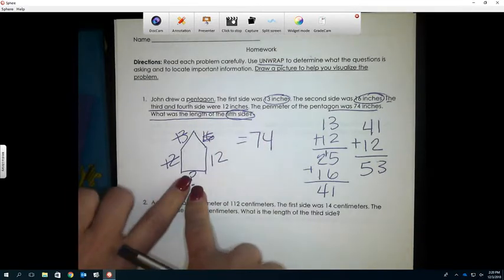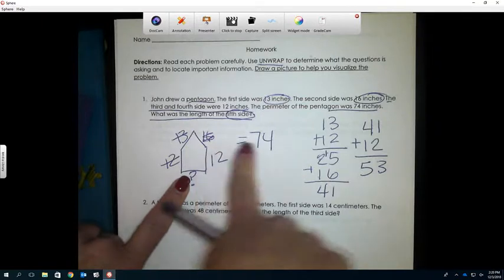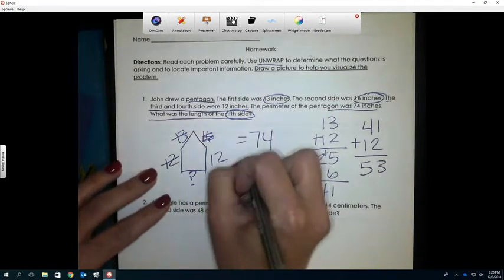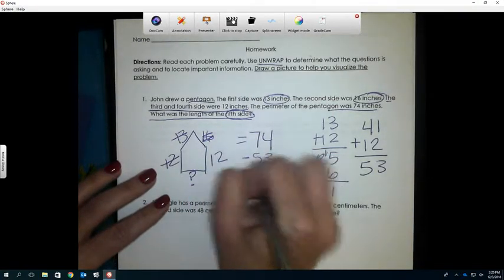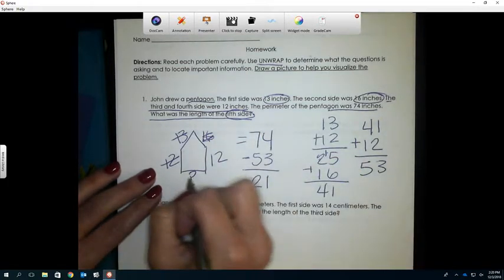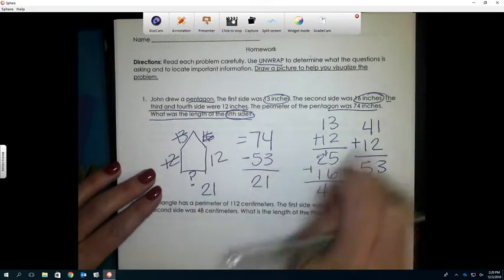But that's not what the total is. These 4 sides equal 53. The total is 74. So what do I need to do with those numbers? Subtract 53 from 74. Okay. 4 minus 3. 21. Well, this is kind of unproportioned, but this side is 21 inches.